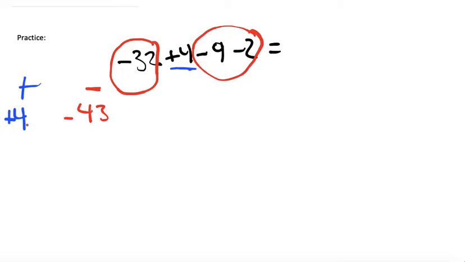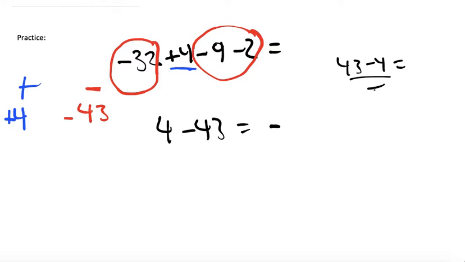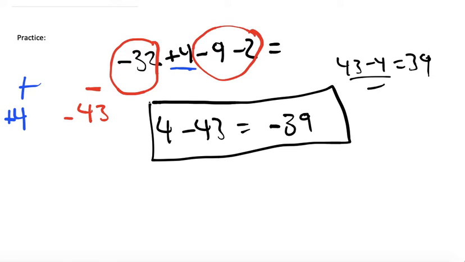Now, I like to put my 4 first, my positive first. So I do 4 minus 43. I know the negative is going to win. So basically, in my head, I'm doing 43 minus 4. And I know the answer here is positive, right? But that's what I'm doing in my head. And I get 39. But I know the answer has to be negative. So as you can see, I don't know if you're in high school or getting ready for high school.